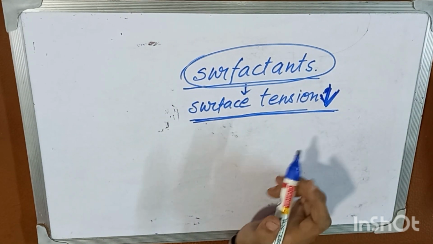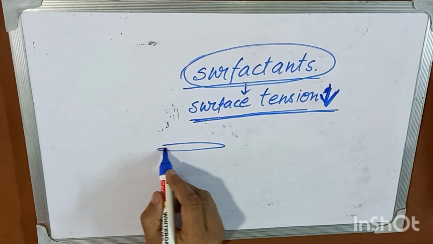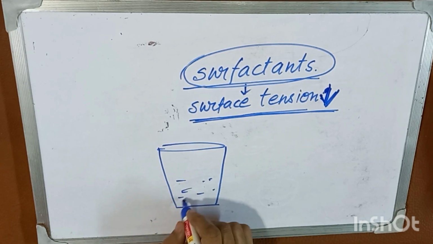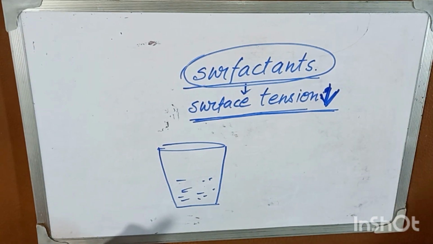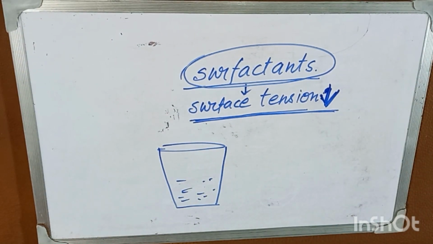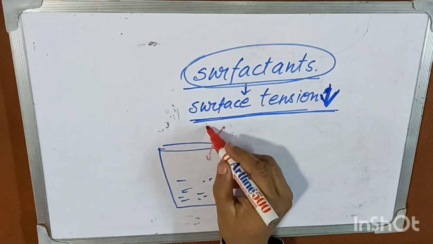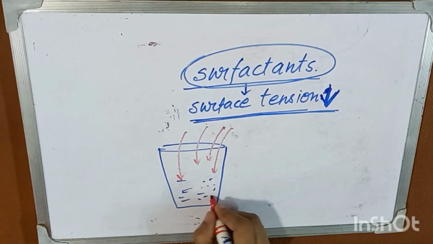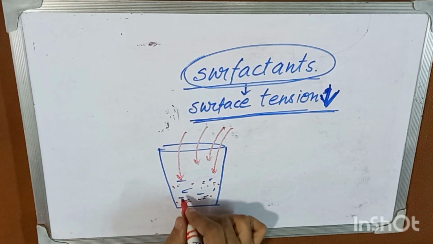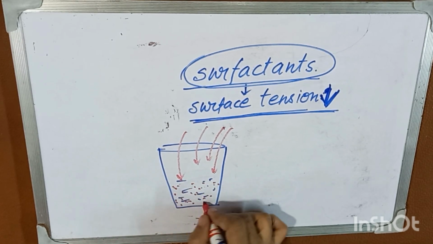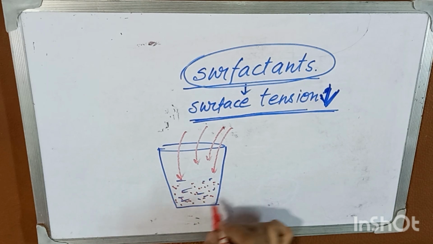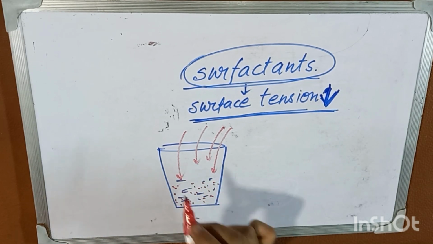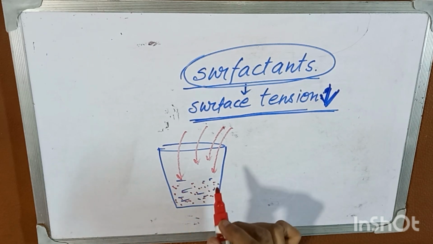Suppose I have a bucket of water here. If I pour in a little bit of soap here, what does this soap molecule do? It decreases the surface tension between the water molecules.